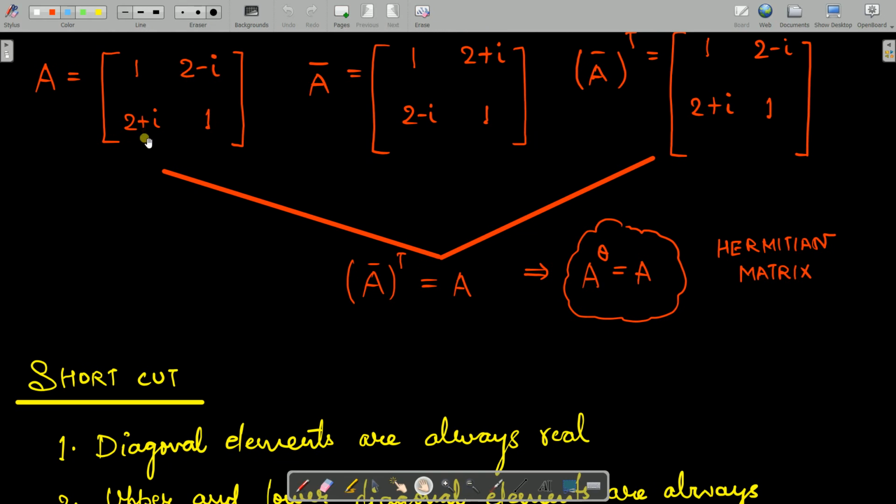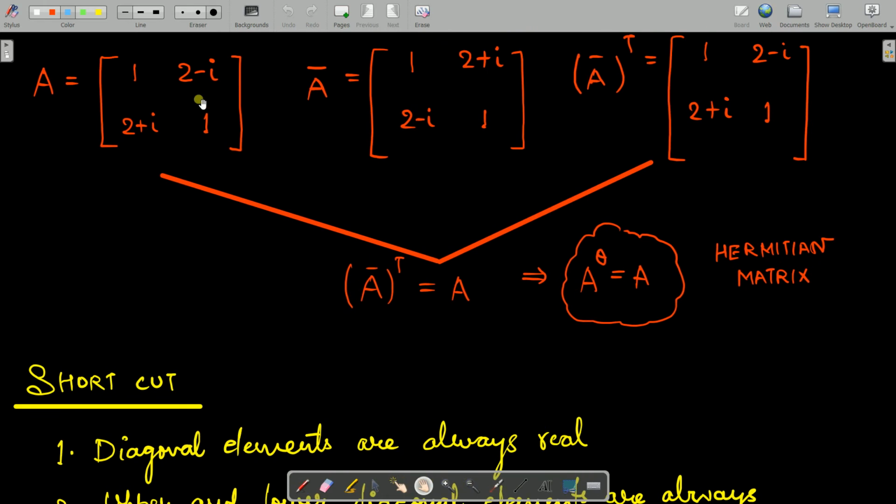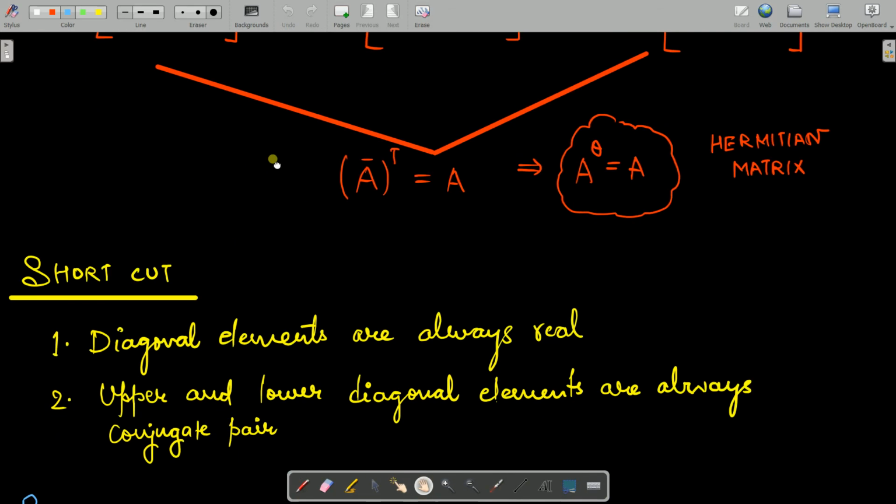And what is a conjugate pair? We have already discussed it in the previous lecture. So the first condition is satisfied, that is, all the diagonal elements are real. The second condition is also satisfied, that is, the non-diagonal elements, the upper and lower diagonal elements, are also conjugate pairs. Once these two conditions are satisfied, there is no need of doing all this. You can directly say that this is a Hermitian matrix.